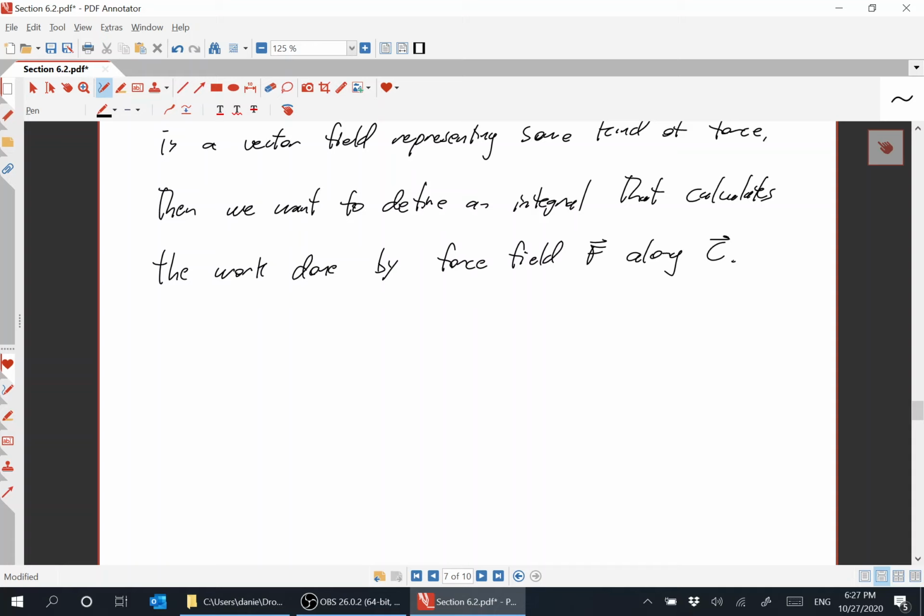Now, remember with vectors, how was work defined?